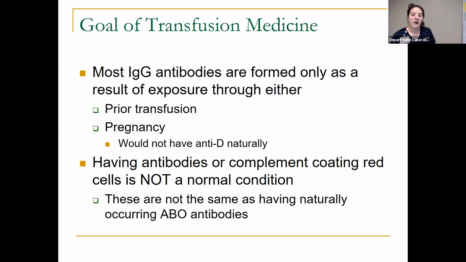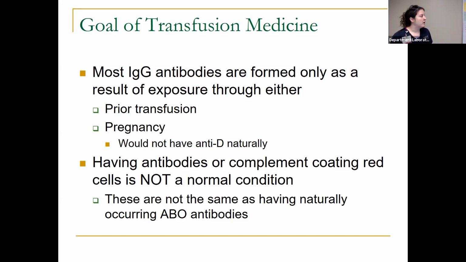And females, if you've ever had a pregnancy, if the baby is antigen positive for an antigen that mom is negative for, during the fetal maternal blood exchange, mom could be exposed to that antigen, she could build an antibody. Not a concern for her previous pregnancy, unless it's an ABO. If mom is O and baby's A, then that's ABO, and that can cause immediate hemolytic disease of the newborn. But let's say anti-D or any other IgG antibody, she's going to build that antibody. It could affect future pregnancies for her because that antibody could attack baby cells.